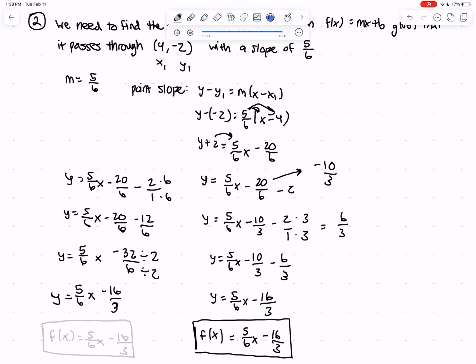Both ways on how to get to your solution are correct. I'm just showing you there's many ways on how you can solve it. And if you're more comfortable with it, you can solve it by using the y-intercept form. So this is solving using y-intercept form and point slope form.